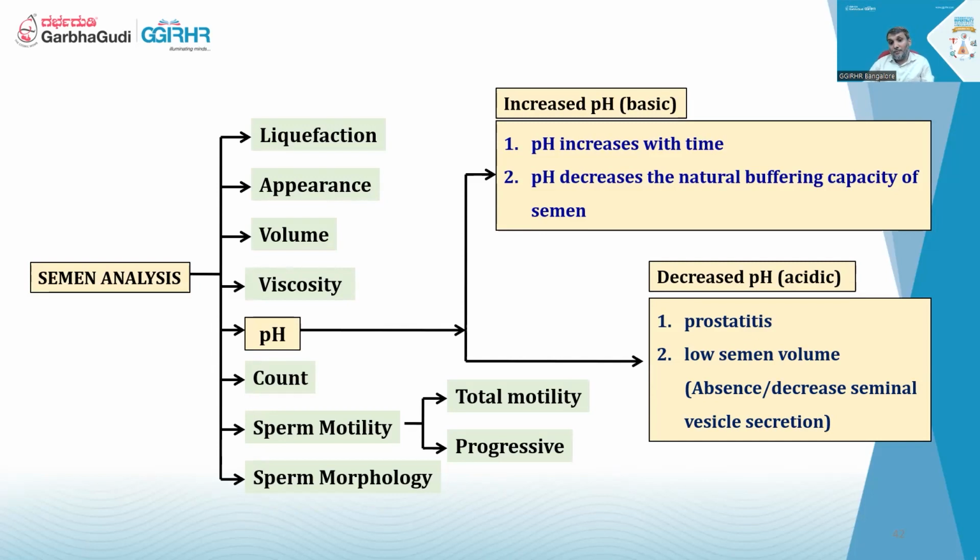Increased pH means basic pH, which can be due to passing urine along with the semen sample. And if the pH is increased, it decreases the natural buffering capacity of the semen sample.